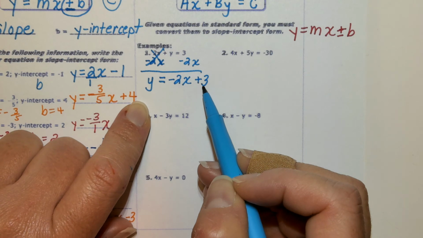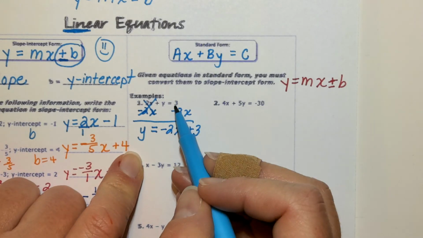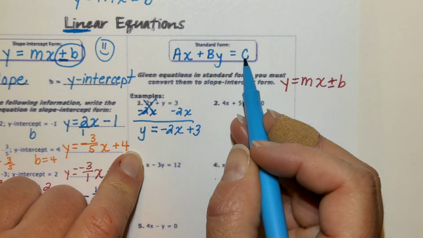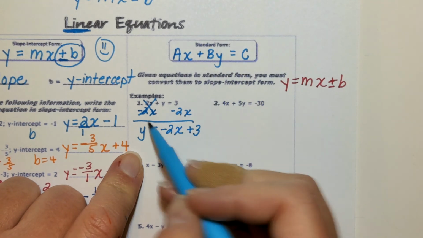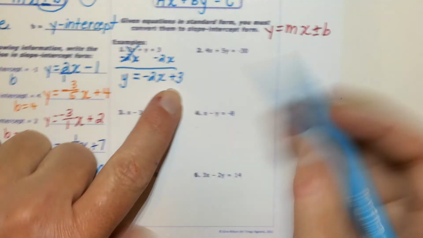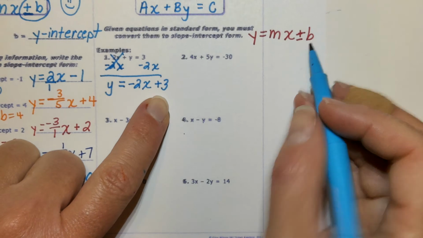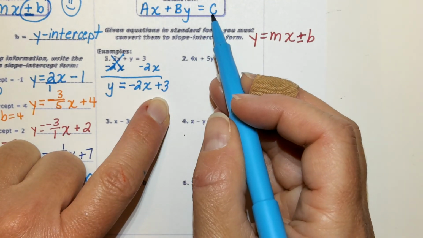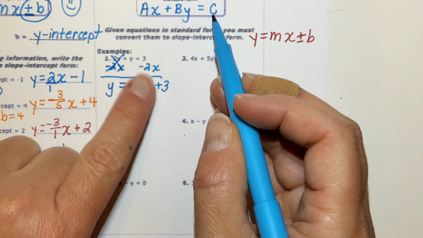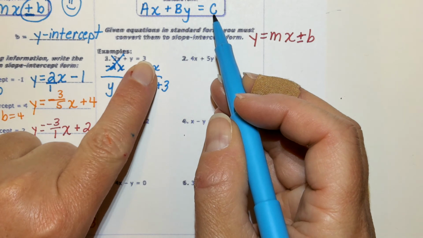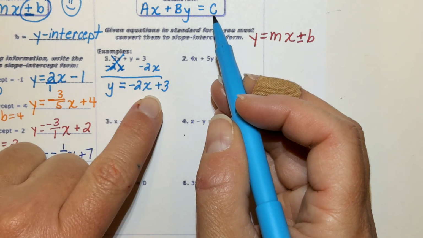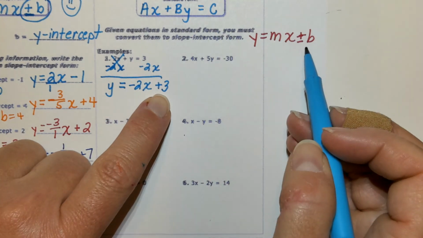There we go. Now, I see I've got my 3 and I've got my minus 2x. And in good slope-intercept form, the minus 2x comes first. And then the 3, which is a plus 3 because it's a positive 3. So look, y equals mx plus b.